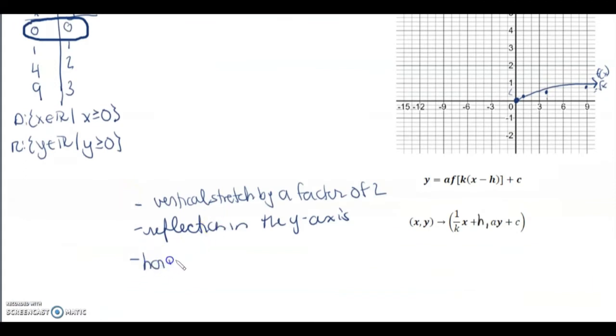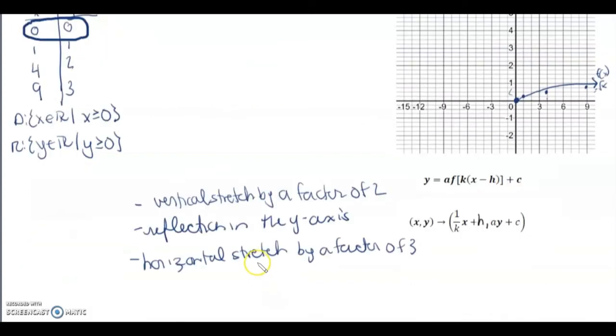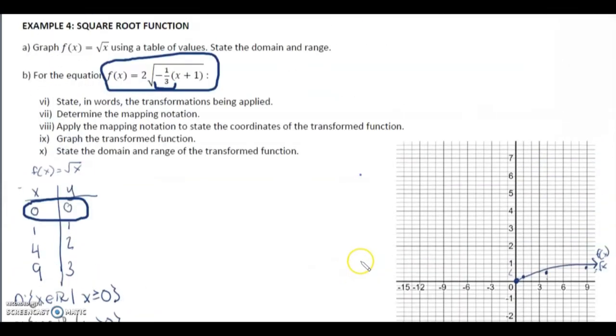So this is a horizontal stretch by a factor of 3. Okay, and then the plus 1 in the bracket with the x is going to represent, remember it looks like a plus sign, so it's actually left. So horizontal shift left. How many is that? 1 unit.